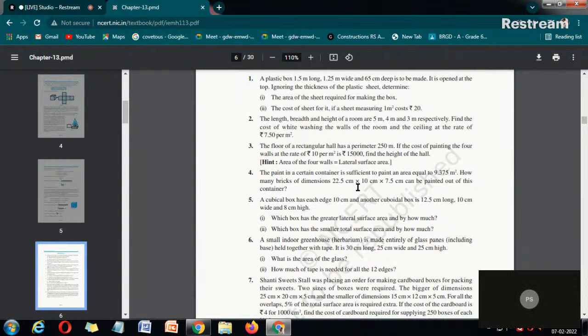Clear? And the total area is 9.375 meter square. So here, first, let's find the total surface area. 2 into (LB plus BH plus HL).